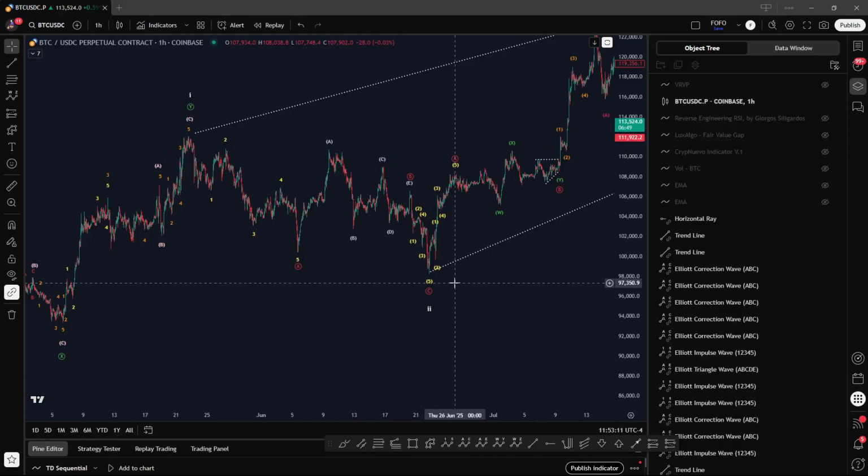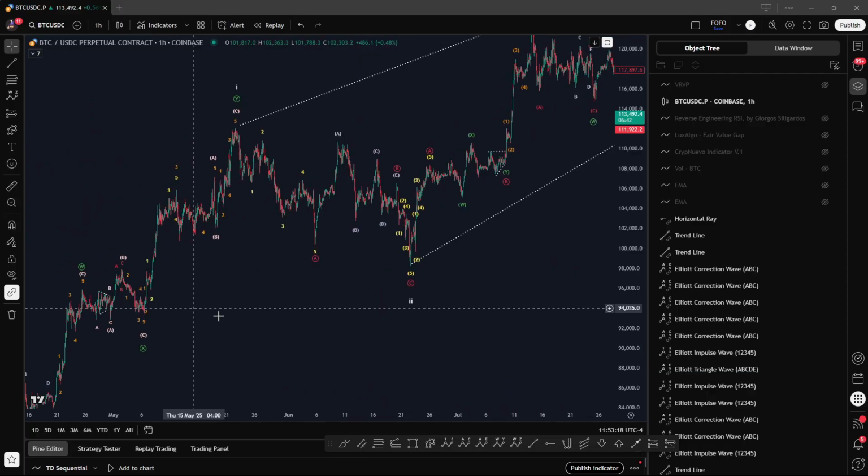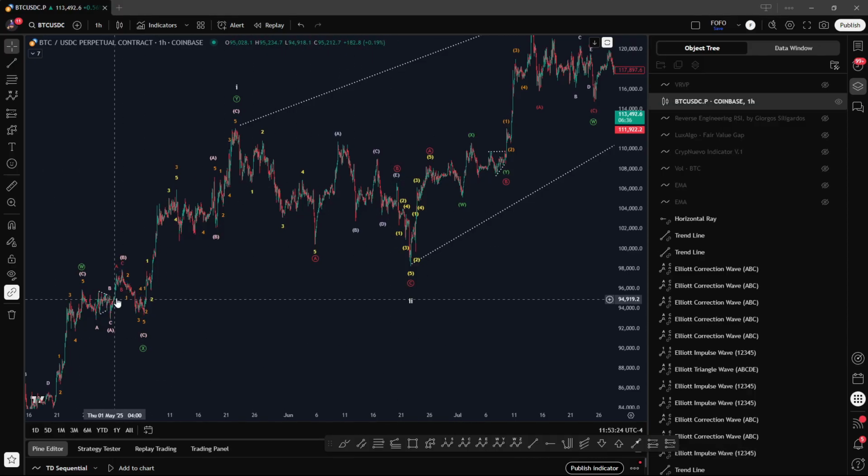So diagonal to diagonal, A, B, C, triangle in the middle. Okay, and that's the second wave, just a zigzag, a simple zigzag. First wave, double zigzag. Second wave, simple zigzag. So far, rules are met. Everything within a diagonal must be some sort of zigzag.